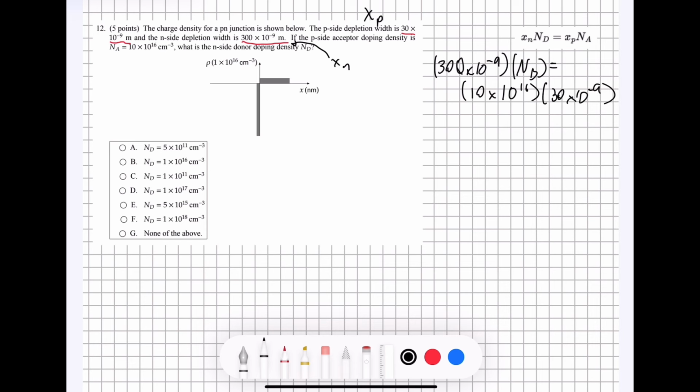Solving for Nd should be relatively simple. You're going to get Nd is equal to 1 times 10 to the power of 16. If we look at our original problem over here, we can see that lines up with answer B. So B is going to be the correct answer for number 12.